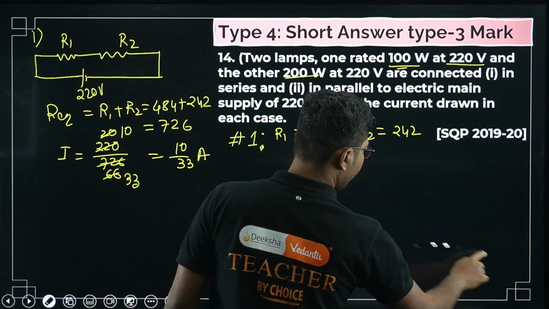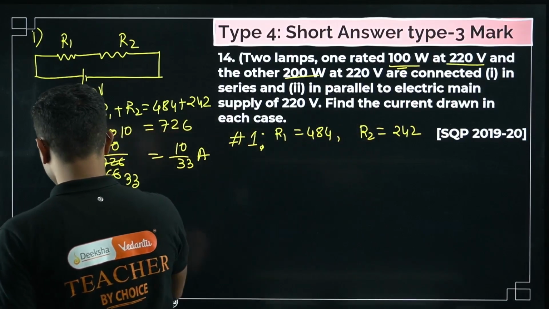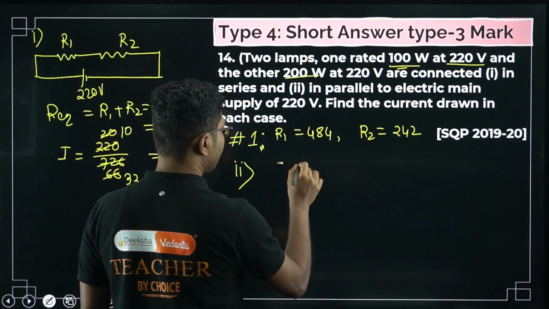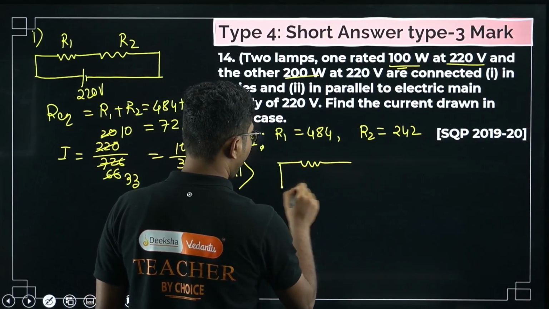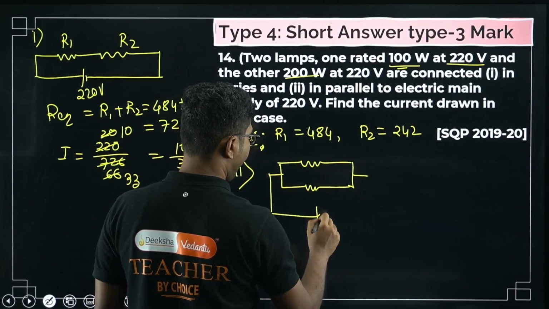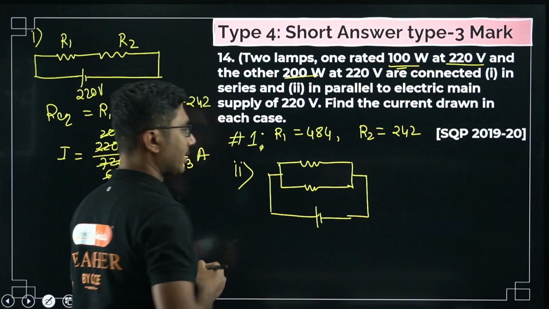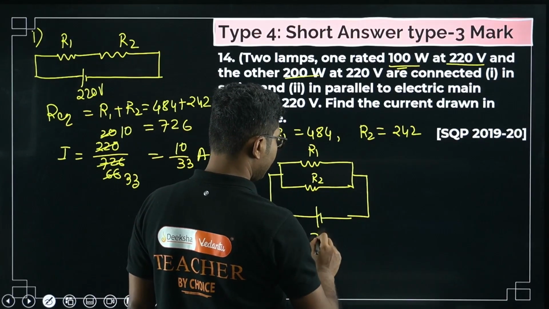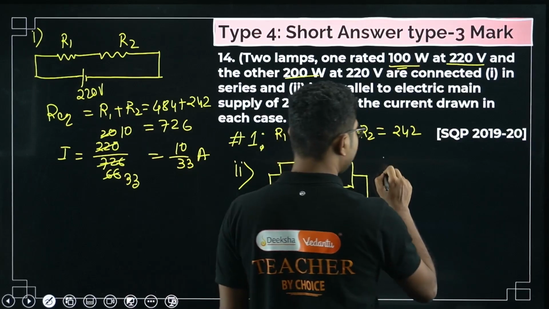Now what we can do is connect them in parallel, part 2. If we connect them in parallel, this is R1, this is R2, and this is 220 volt. What is the R equivalent in this case?